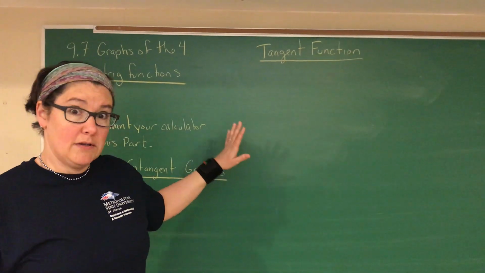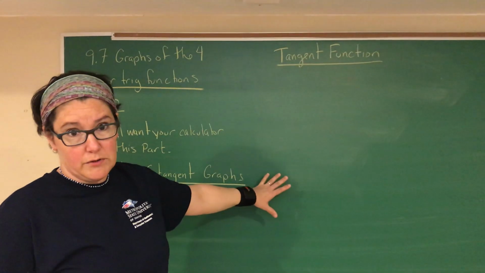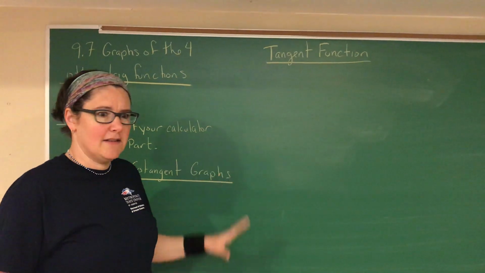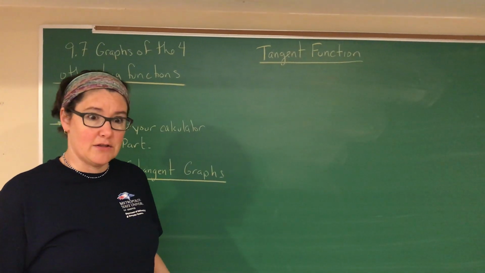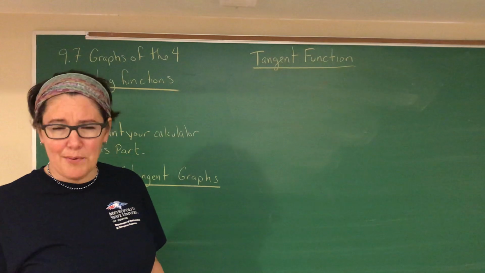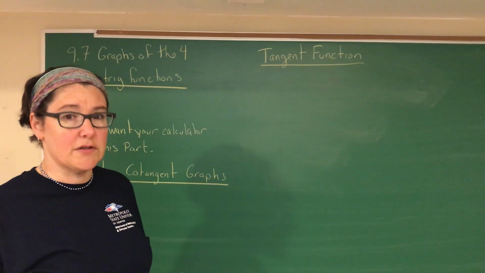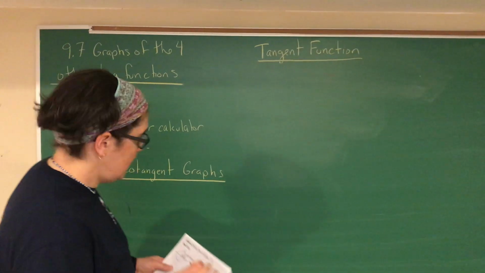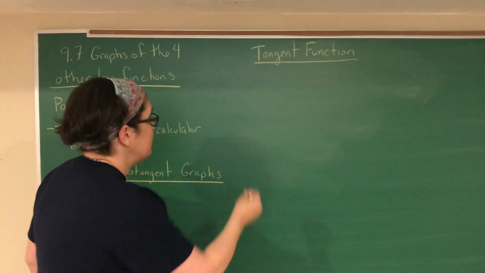But my goal in this video is to get a sense of how we can replicate this graph and how we can at least understand parts of why this graph looks the way that it does. Okay, so we need a little bit of information.